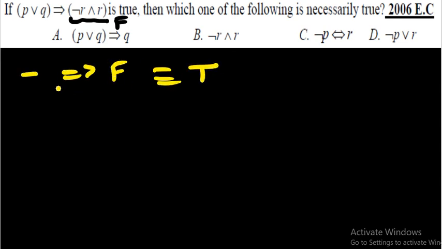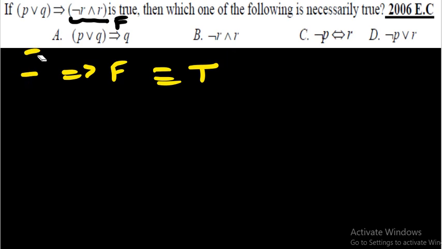When we proceed to the next question, it says P or Q implies negation R and R is true. First of all, what does this mean? Negation R and R, obviously it's false. So what implies false will give you true? Obviously the first part also must be false.